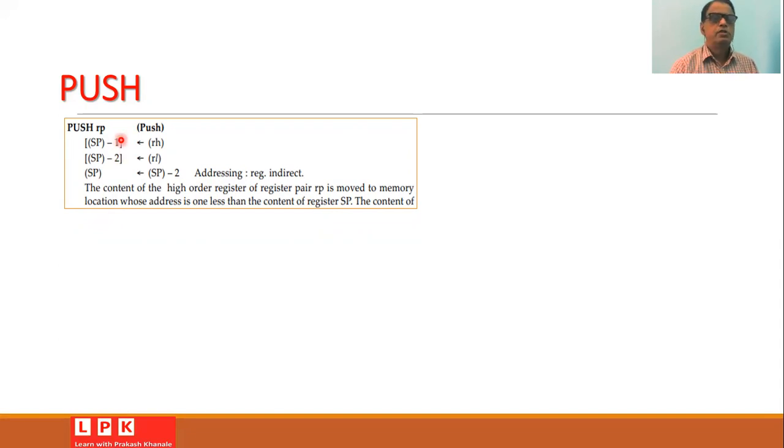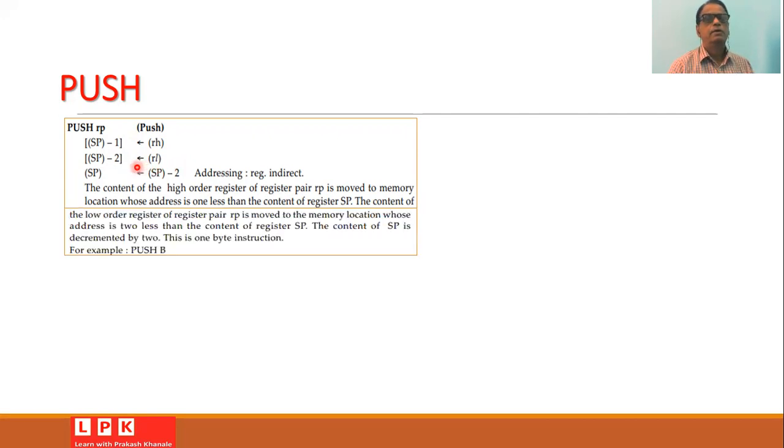Whenever this instruction is executed by the microprocessor 8085, the content of the higher order register of the register pair RP, that is RH, will be moved to the memory location whose address is one less than the content of the stack pointer, and the lower order register RL will be moved to the location two less than the content of the stack pointer.